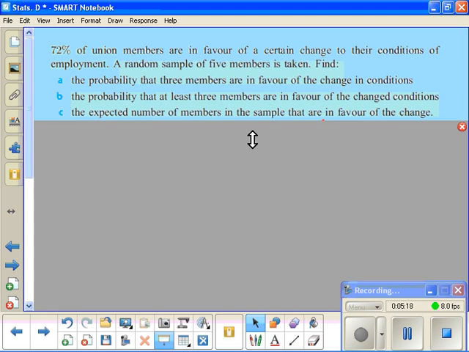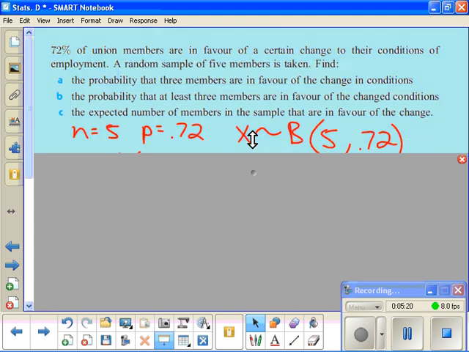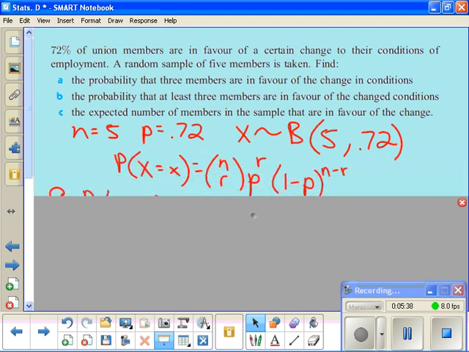Let's identify our situation here. The number of members being taken is 5, so n is 5. The probability is 0.72. This represents X is distributed according to the parameters of 5 items and 0.72 probability.